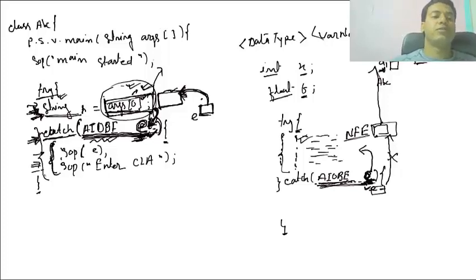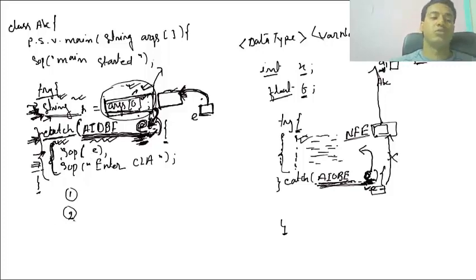So three important points you have to remember here. First one, if the try block is not giving any exception, the catch block is not going to execute. Second one, if the try block gives an exception and the catch block is also of the same type, then the catch block will hold that exception, and along with that control comes into the catch block and the catch block is going to execute.